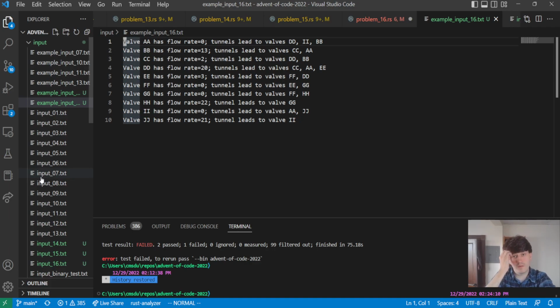Oh, shoot. Okay, the tunnels are not sequential. I don't think that really changes anything. I think the analysis still works, but we do care what the names of things are then.